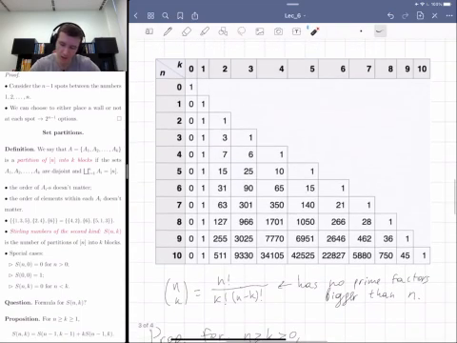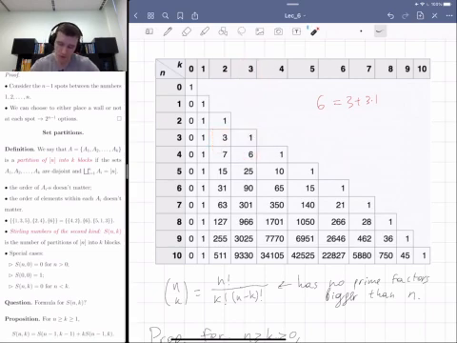You have to look at k. So 6 is equal to 3 plus 3 times 1.